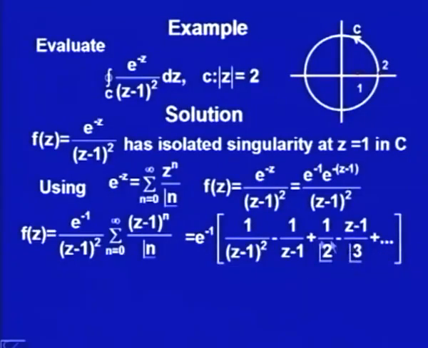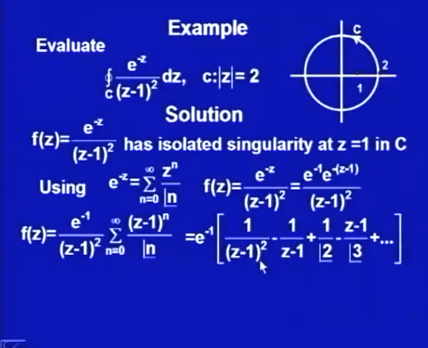After that, the remaining terms would be the summation of a n (z minus z naught) to the power n, and a naught is 1 upon 2. This is the principal part, 1 upon (z minus 1) and 1 upon (z minus 1) whole square.